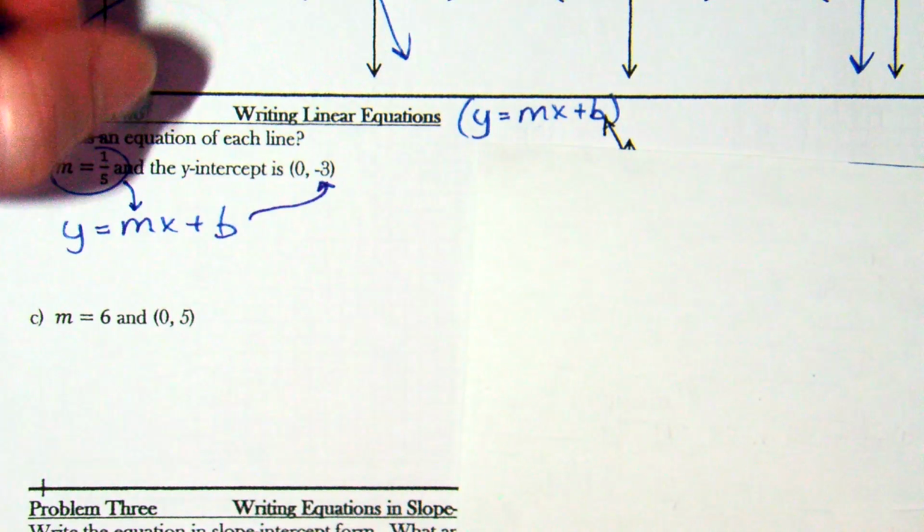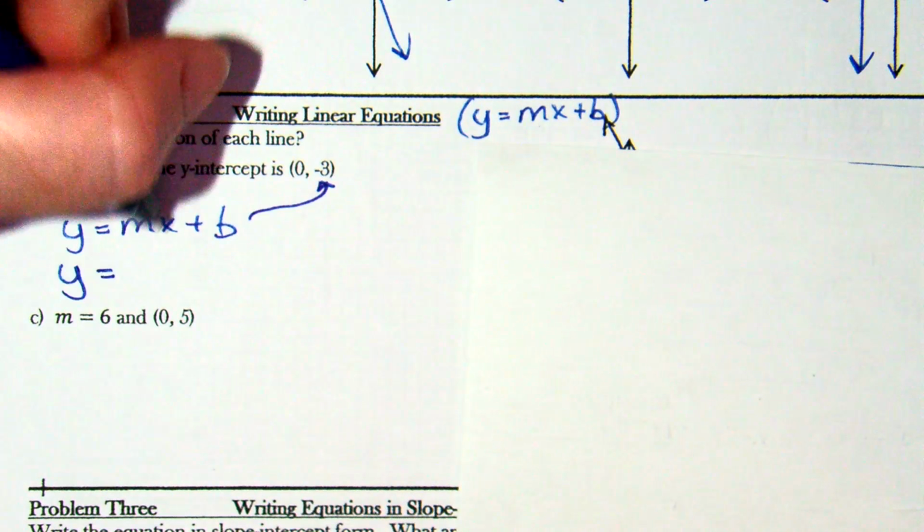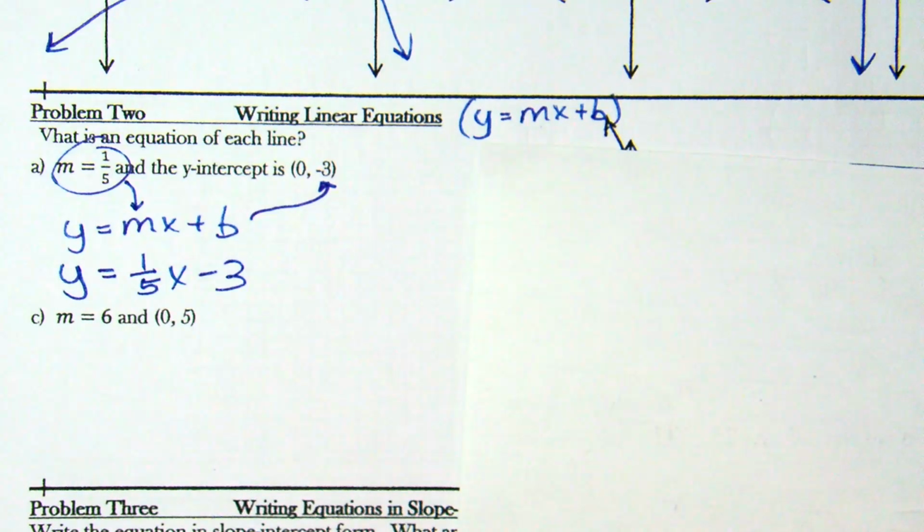So write your equation. Read it for me. Y equals 1/5 x. I heard -3. I like it. Could you technically write plus -3? You can. I don't tend to do that with you guys anymore. I did when I taught middle school. I don't tend to do it in high school.